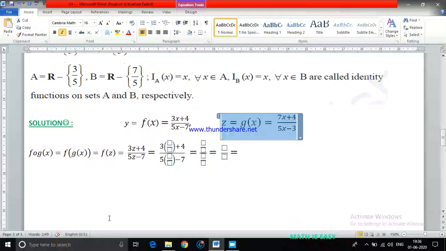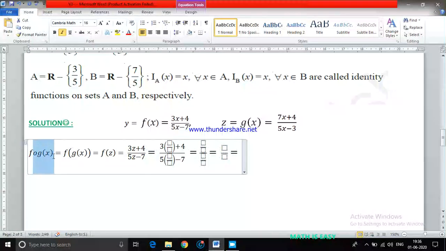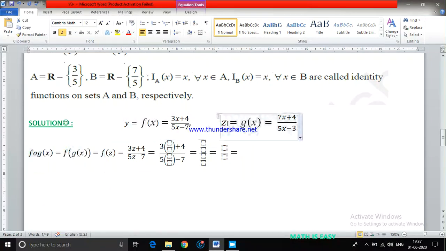So to find first FOG of x, I have written FOG of x, so that you can write as f of g of x, which equals f of g of x. What you consider here is g of x you have taken as z. Okay, so in place of g of x here, I'll replace it as z.